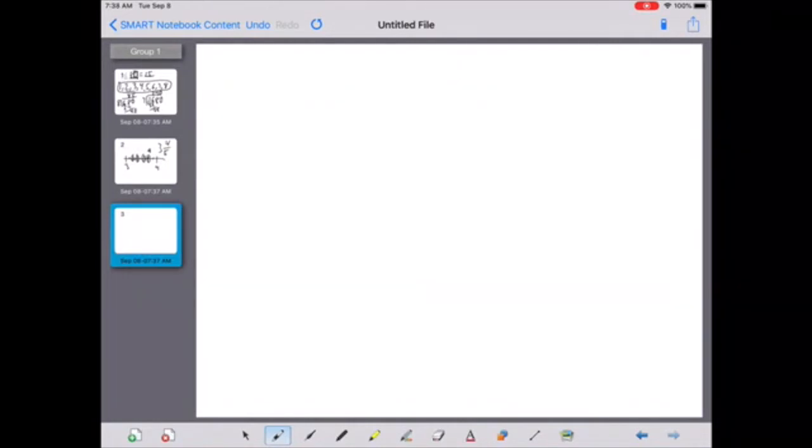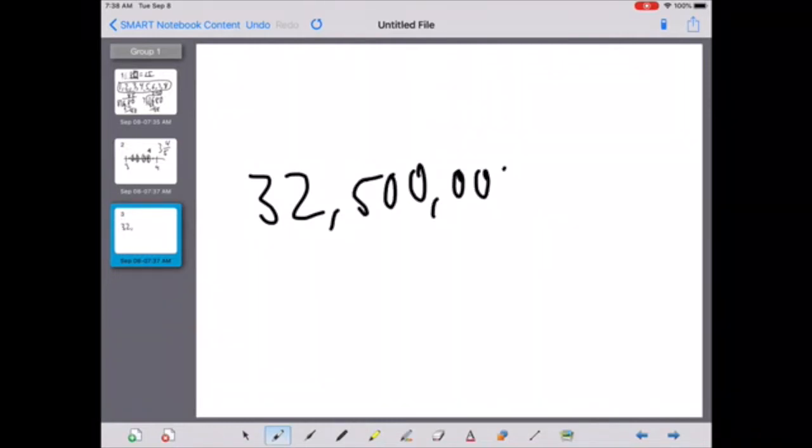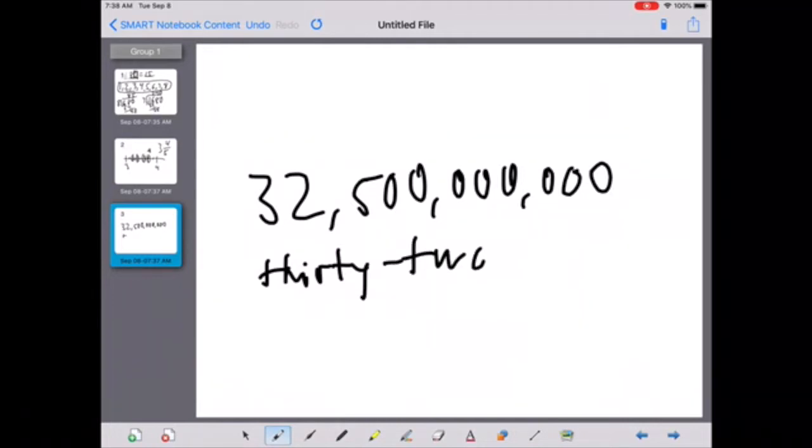Number 7 says, please use words to write this big number. The first thing I do is count how many zeros there are, and I start adding my commas. I counted all those zeros, and I got 8 zeros. So when I add the commas, it would look like this. And now I just break it into pieces. The first number is 32. Don't forget your hyphen. And that's in the billions position.